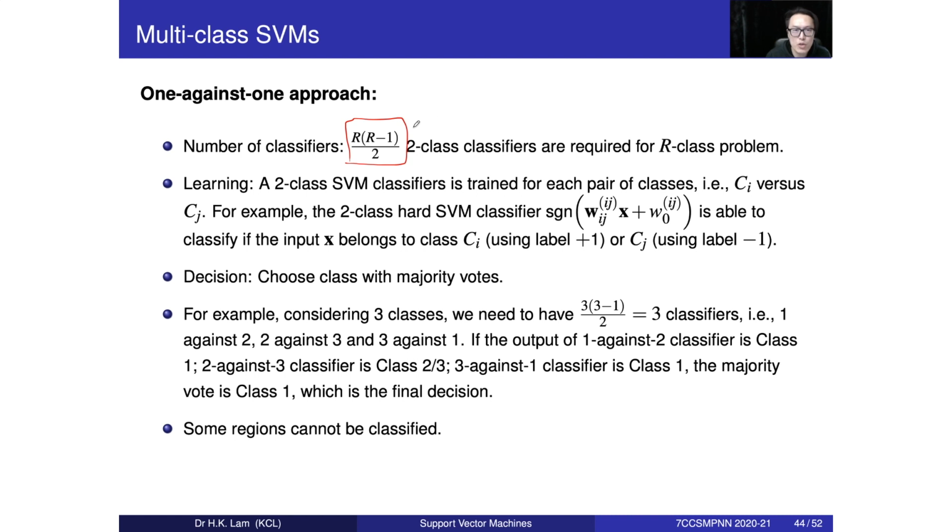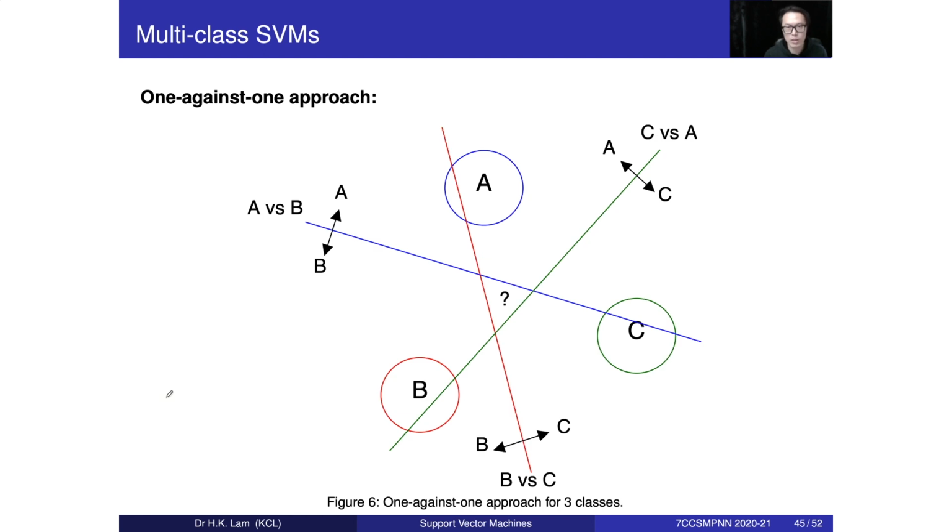When you substitute that into this equation, that is the number of binary SVM classifiers required to form this 1 against 1 SVM. I leave the details right here. This is just an example, and the next slide gives you graphically what I just mentioned.